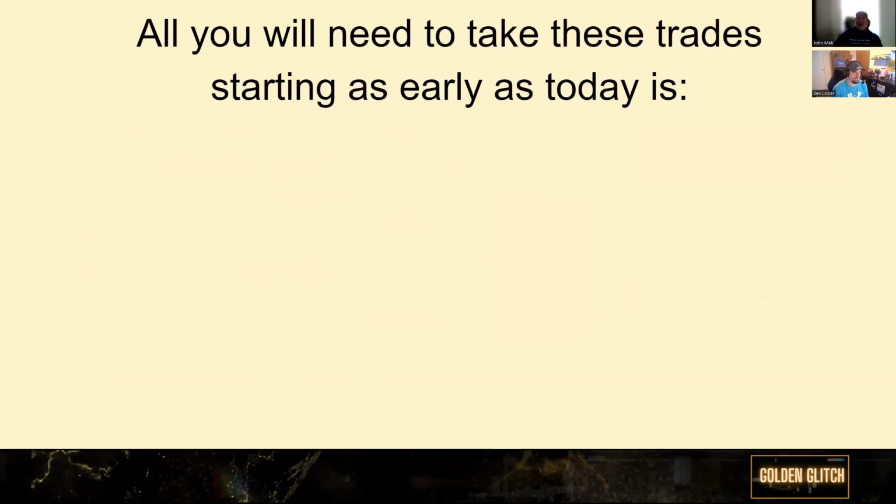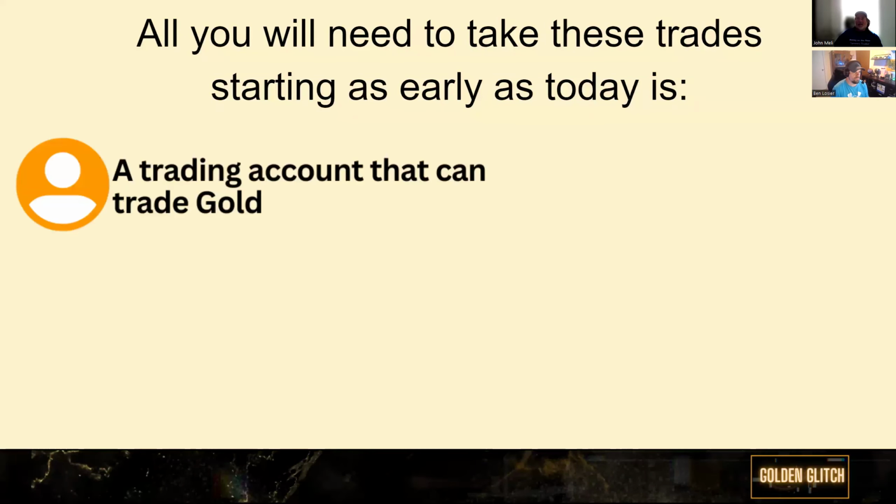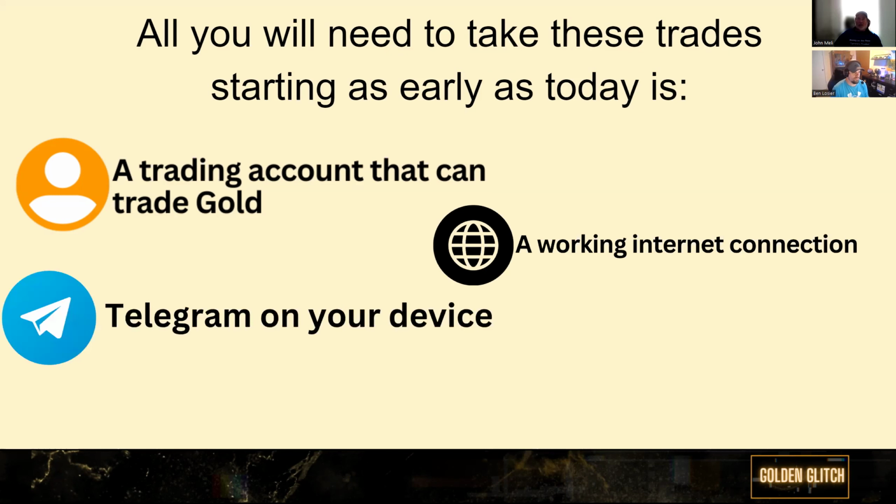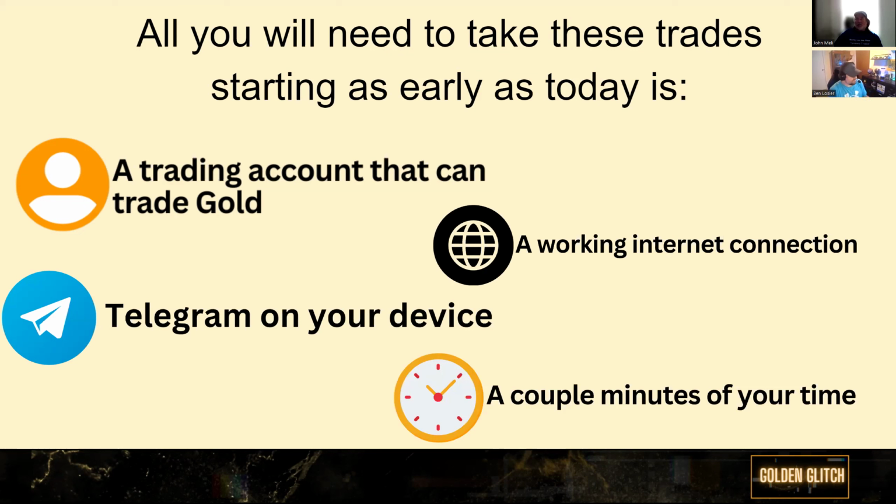All you will need to start as early as today is a trading account that can trade gold, a working internet, Telegram on your device, a couple of minutes of your time. That's it. 4 different things: account, internet, Telegram, couple minutes. That's incredible. Pretty simple.